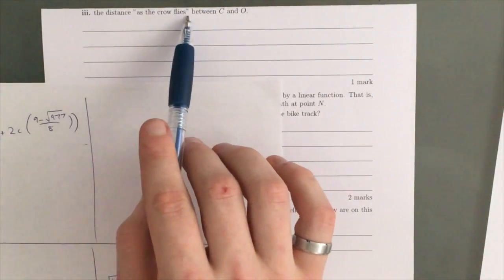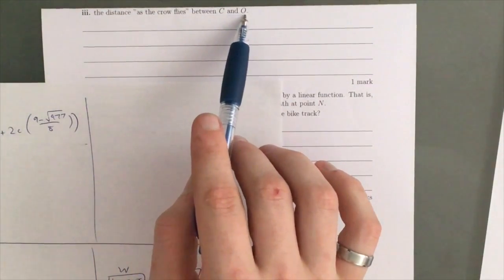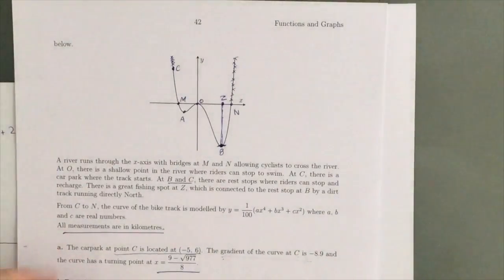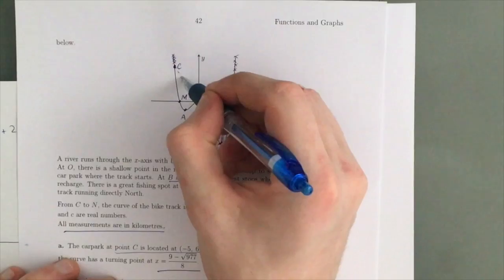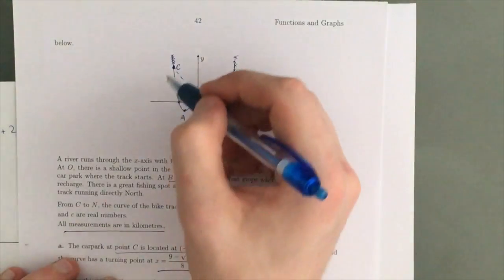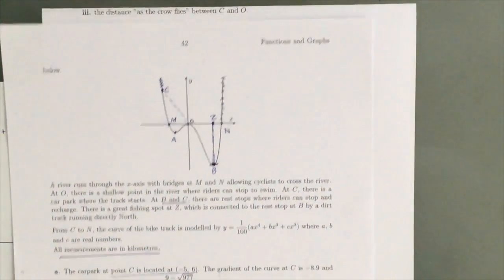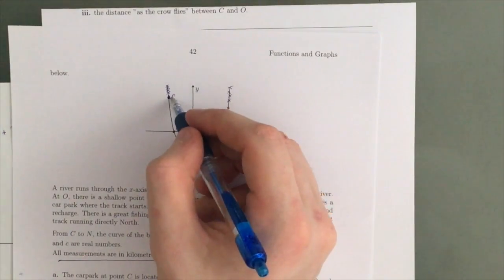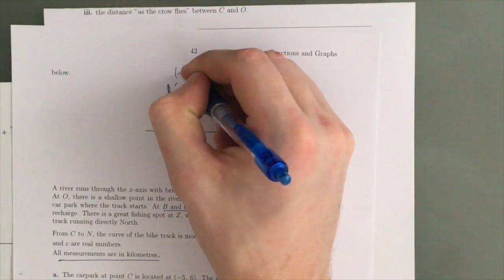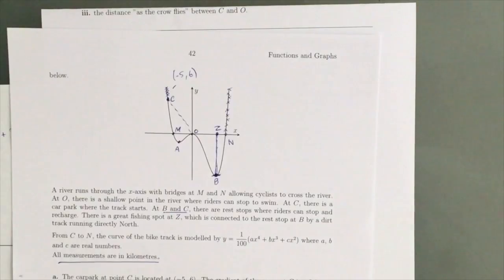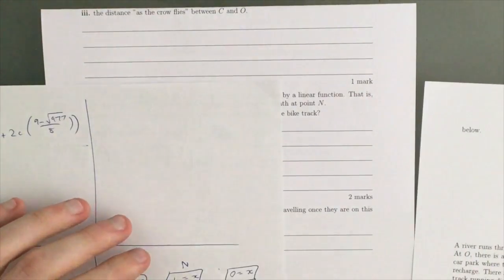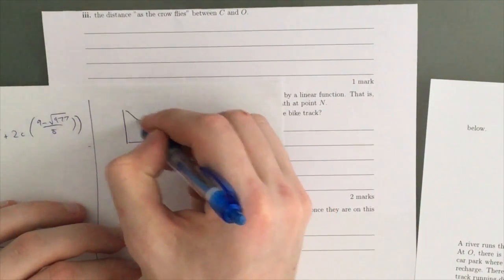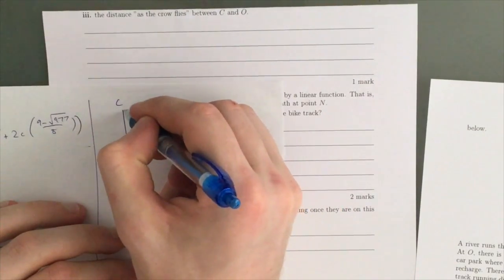Part B, III. Find the distance as the crow flies between C and O. So what that means is, if we have C and O here, as the crow flies means the direct distance, the shortest possible distance between those 2 points. So we know that C has a coordinate of negative 5, 6, which means that if we sort of redraw this as a triangle, O is here and C is here.